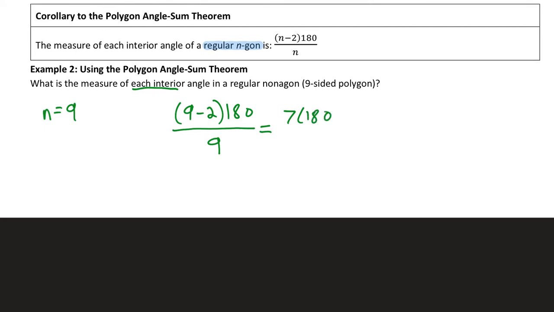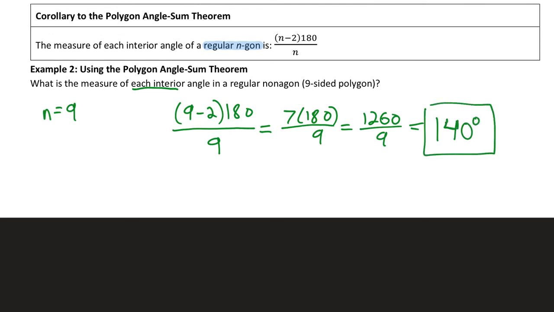So 7 times 180 divided by 9. 7 times 180 is 1260. 1260 divided by 9 is 140. 140 degrees. So each angle is 140 degrees. So we're just dividing out that sum equally among the number of angles, essentially.